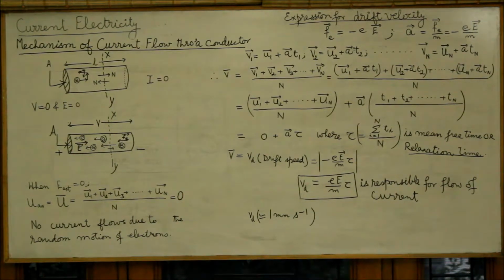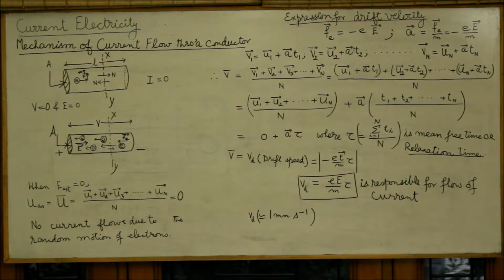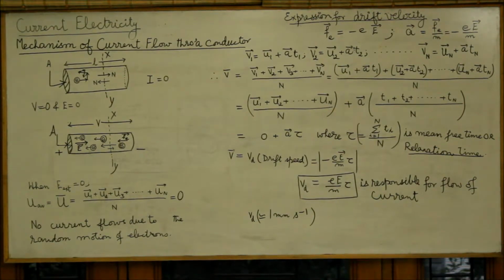That is why the random thermal motion does not cause any current. The random speed of the electrons is quite high, about 100 kilometers per second, but it doesn't cause any current.